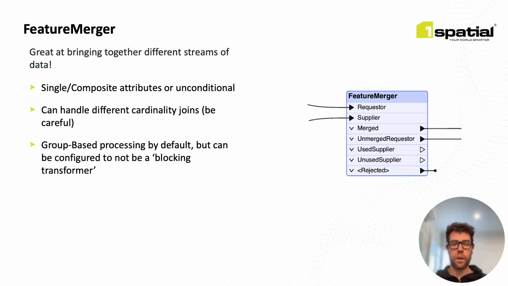And this is using the suppliers first option, which means you need to ensure that your supplier features reach the feature merger before the requester features arrive. And this is something that might be very useful from a performance perspective, or just to enable your process to run without requiring quite as much memory.